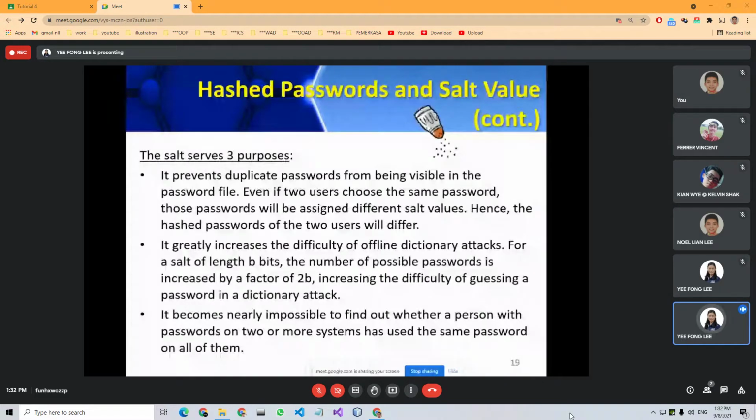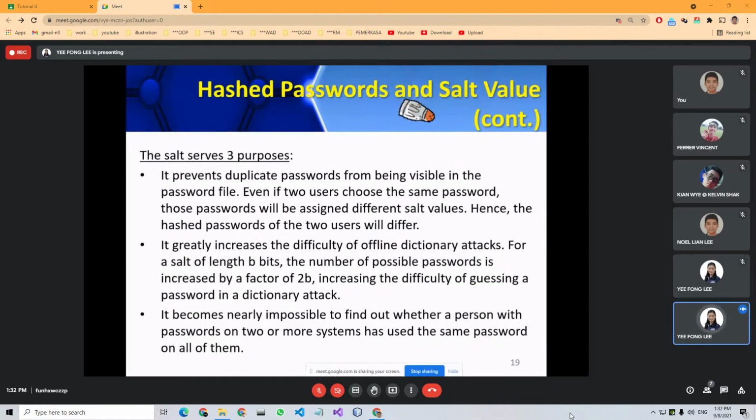This salt is a value generated by a cryptographically secure function that is added to the input of the hash function, creating a unique hash password for every input, even if the input is the same.